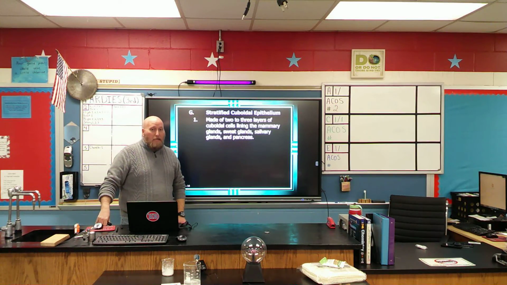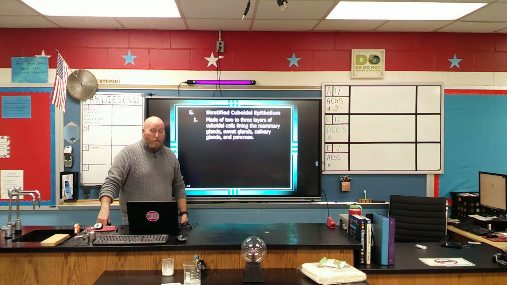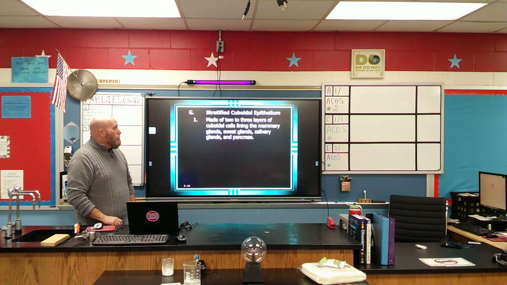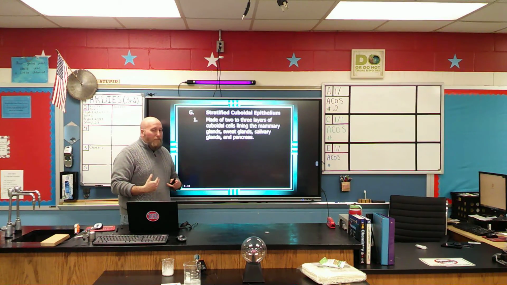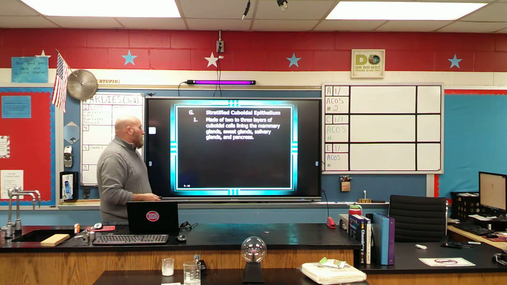We're not going to get into that right now. When we get to digestion, we'll talk about what the pancreas produces. It produces quite a bit, actually. But it's only 2 to 3 layers. Usually the most I've ever really seen is 2. I don't think I've ever seen a picture of one that has 3 layers, but there probably is.